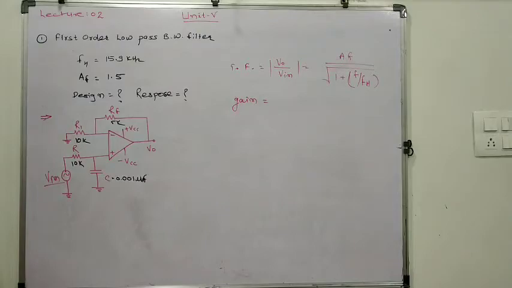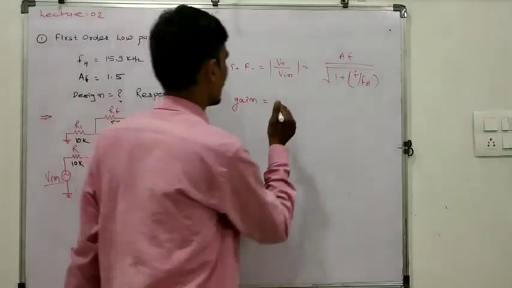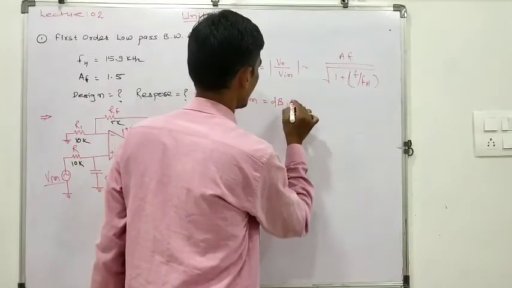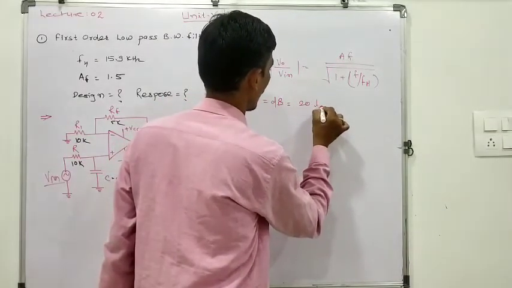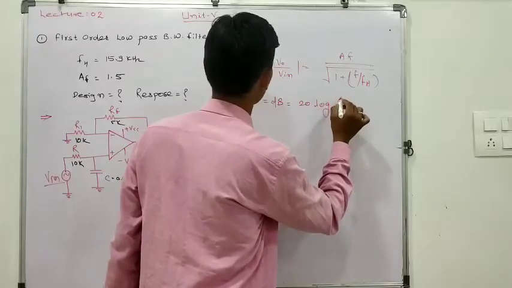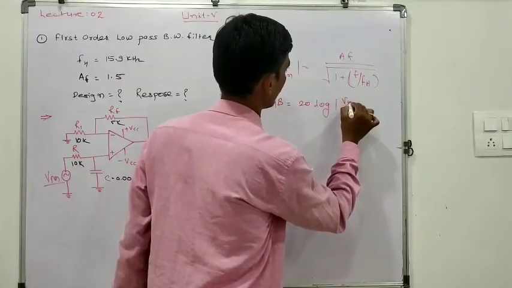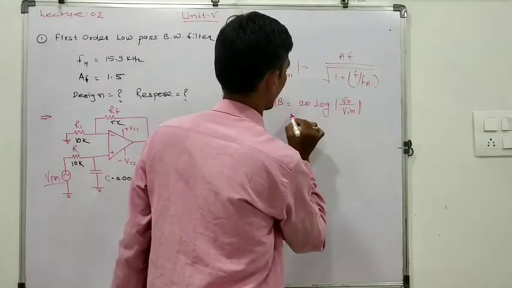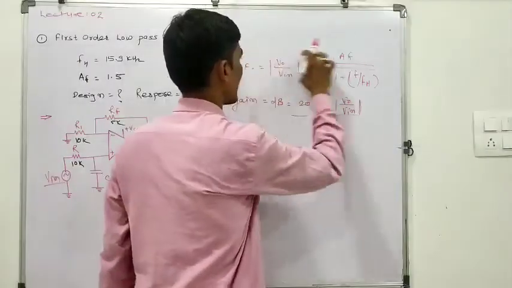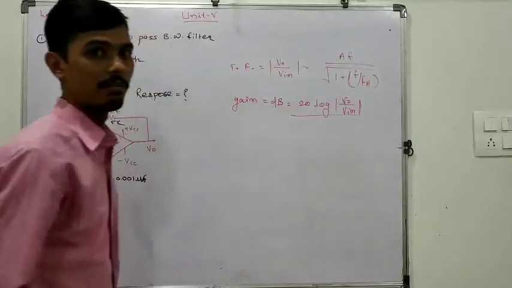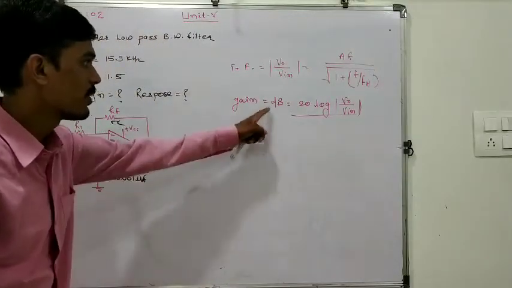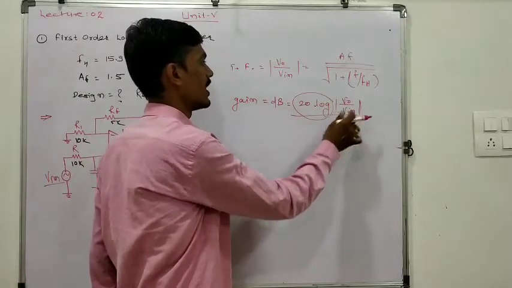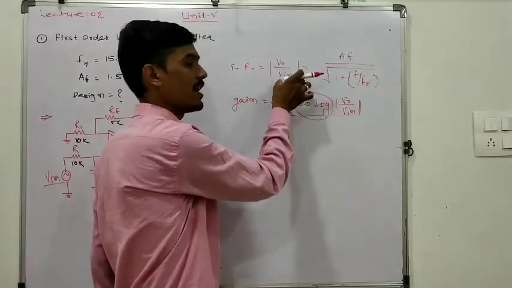So the gain in decibel is equal to 20 log of VO by Vin. Here by the transfer function we are getting the gain, but it is not in decibel. So we have to convert it into decibel. For that we just take 20 log of that ratio, that is VO by Vin.